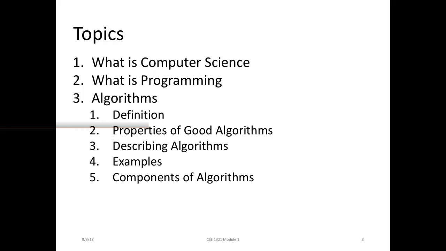What is computer science? What do you understand by computer science so far? It's learning programming. So in general, people understand that computer science means you will learn programming, that you know how to do programming, right?